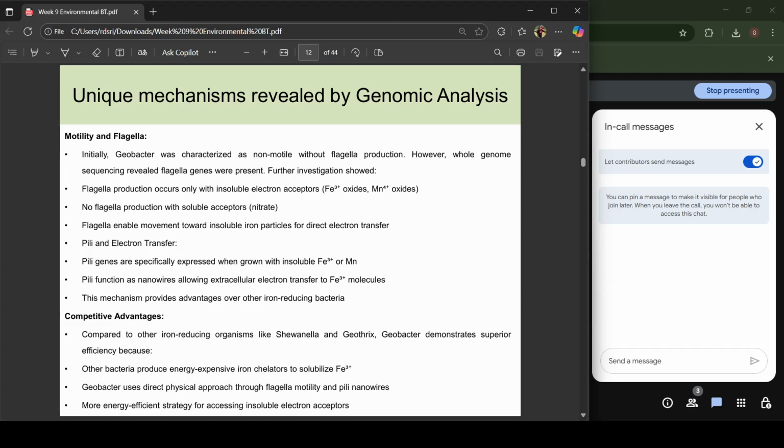This is one of the most energy-efficient strategies for accessing insoluble electron acceptors. When two organisms compete, the fastest wins, and Geobacter's speed is due to its flagella and pili, all discovered with the advent of genomic analysis.